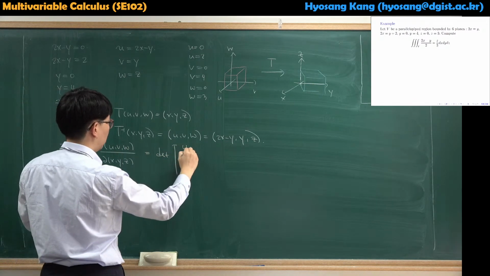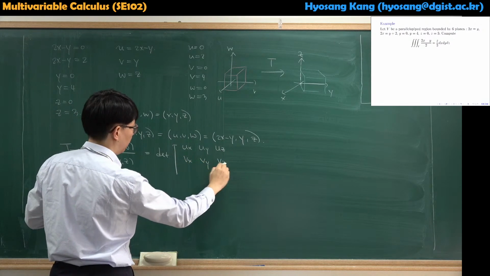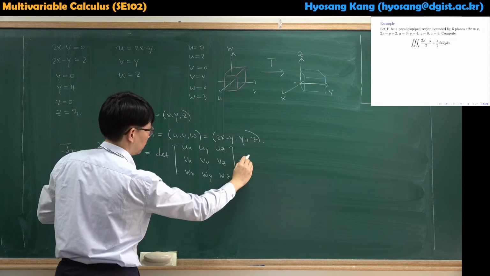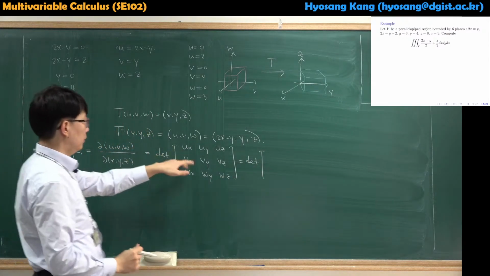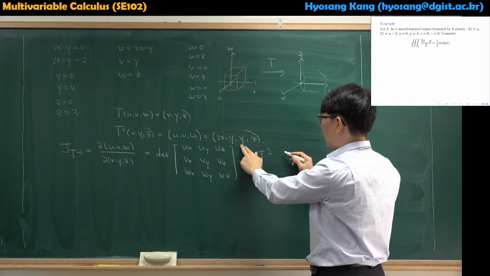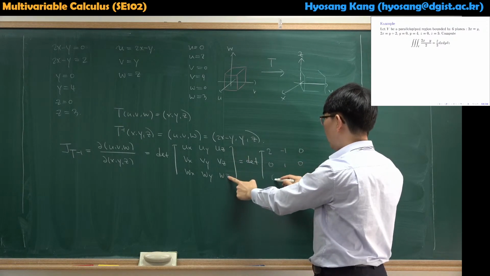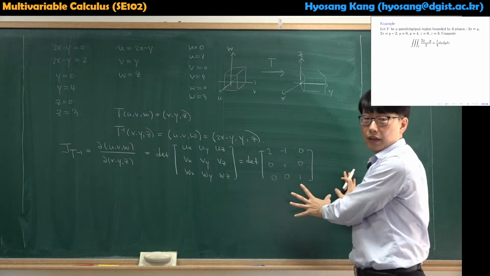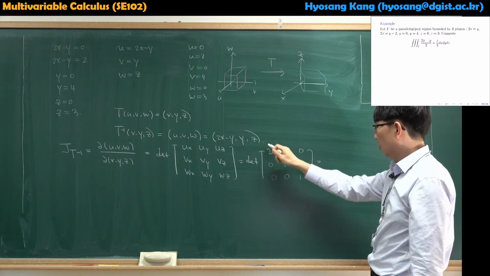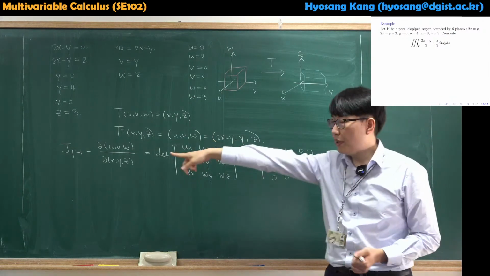First, you take u_x, u_y, u_z, then v_x, v_y, v_z, and then w_x, w_y, w_z. For the elements, u is 2x minus y, so 2, and for y it's minus 1, no z, and 0, 1, 0, and here 0, 0, 1. So it's a very easy 3 by 3 matrix whose determinant is just 2, because only the diagonal part survives. So this is 2.